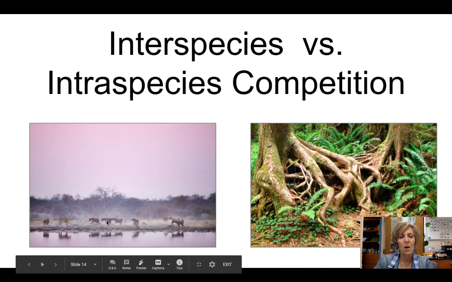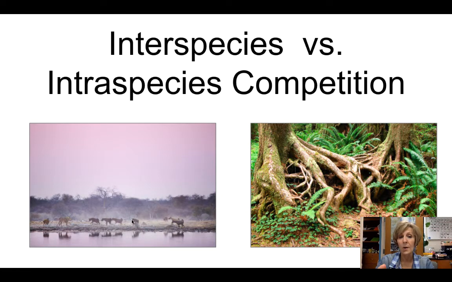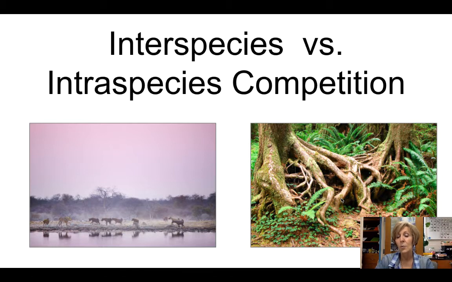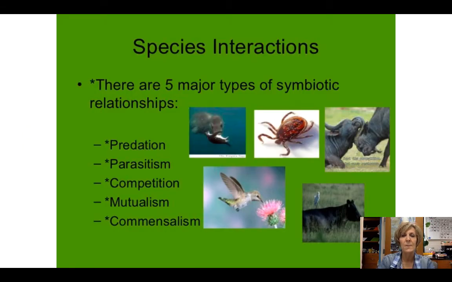So here are looks like some warthogs and some type of antelope that are all in competition, in this case for water. We also have in this picture some intraspecies competition. So here I've got the roots of two particular types, same type of trees that are competing for water absorption through their roots and nutrient absorption. So we have two different types of competition.